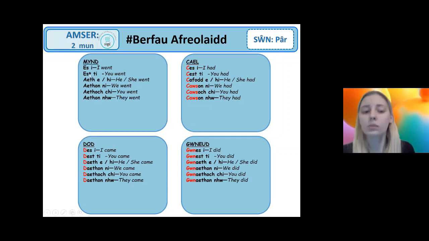The easiest way to revise these patterns is to remember the patterns for mynd in the irregular past tense, and then add on d for I came, you came, he came, and so forth. Add on gwn for I did, you did, or make, and so forth. And if you want to make it I had, add on a c to the patterns.